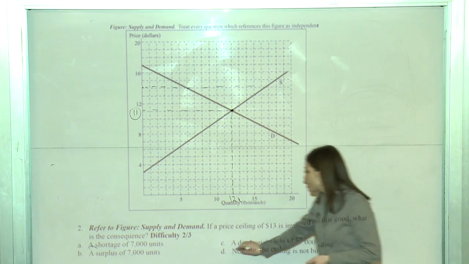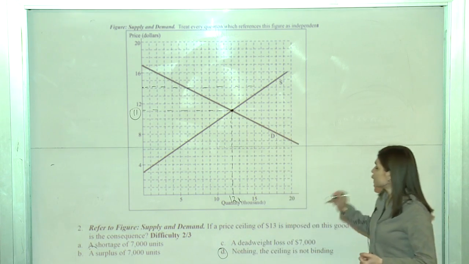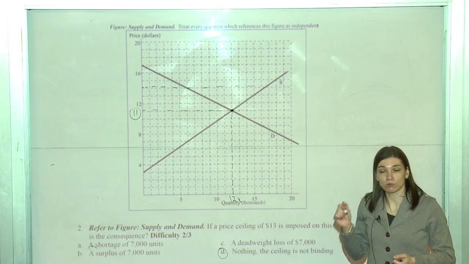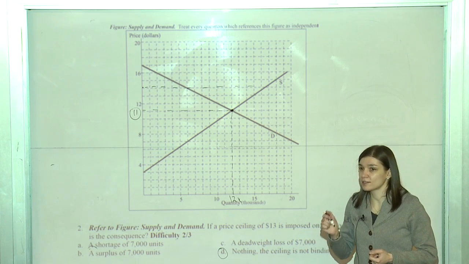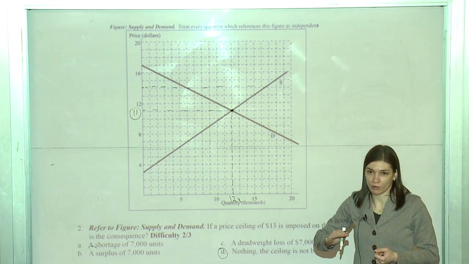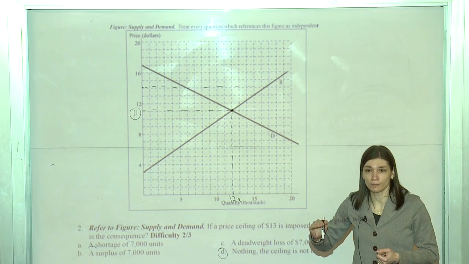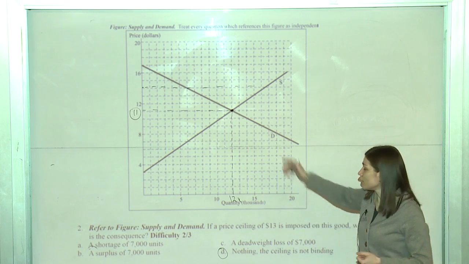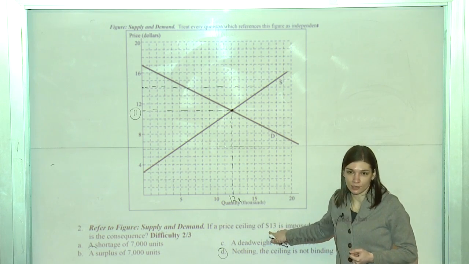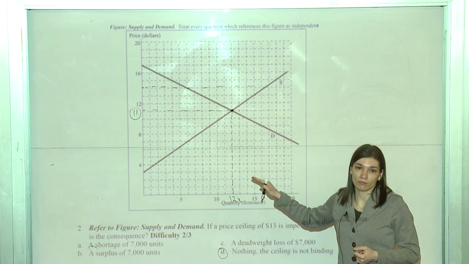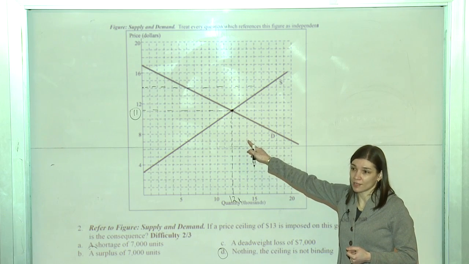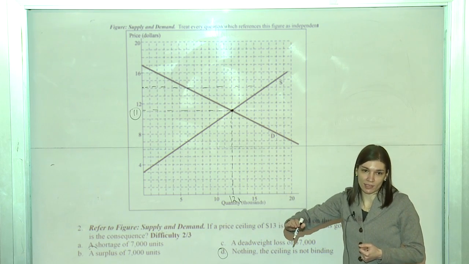No effect. Now, if instead of a price ceiling it were a price floor, right? So a price floor tells us we cannot sell for below that price. If there were a price floor of 13 instead of a price ceiling, then we would be in violation because we are trying to sell at 11, which is below the minimum price allowed.